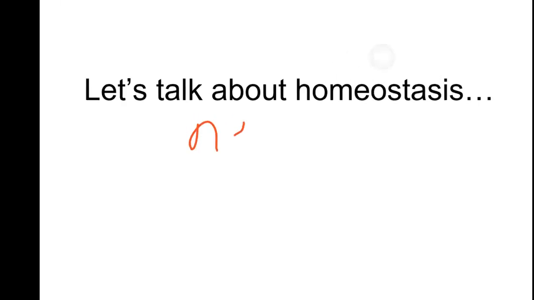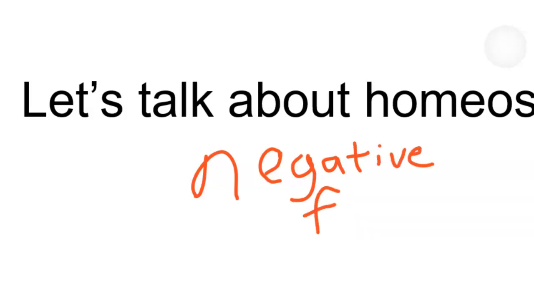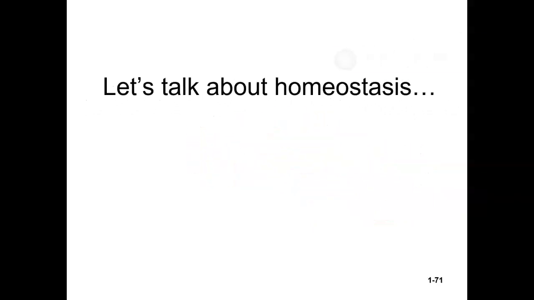Homeostasis is maintained by a process called negative feedback. Negative feedback happens when the product of a system inhibits the system.